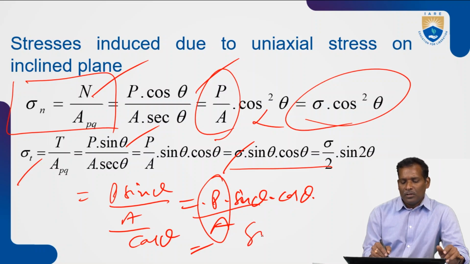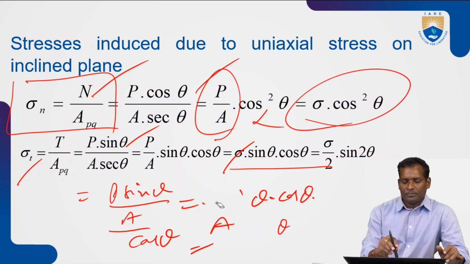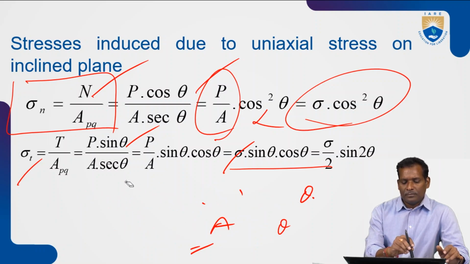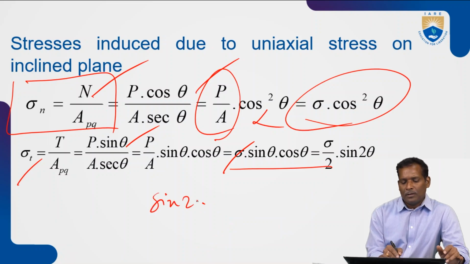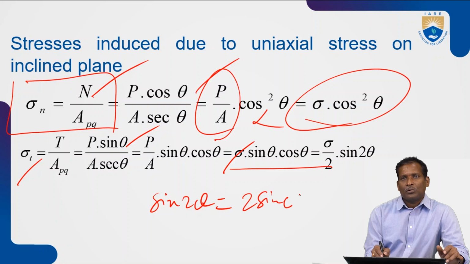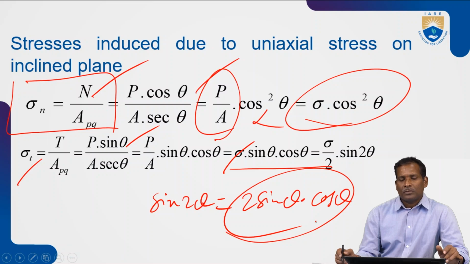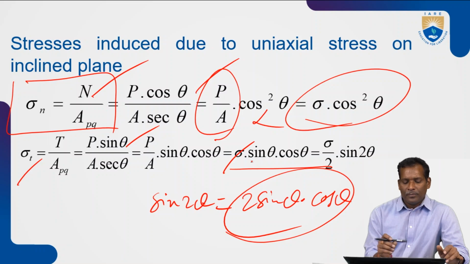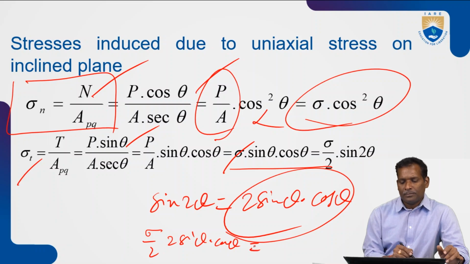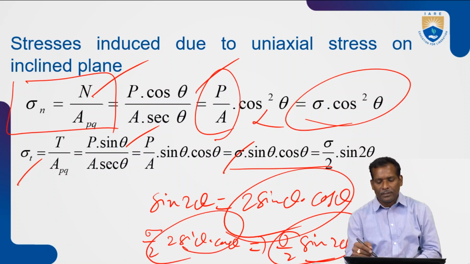You know sin 2 theta is equal to 2 sin theta cos theta. So sigma by 2 sin 2 theta.